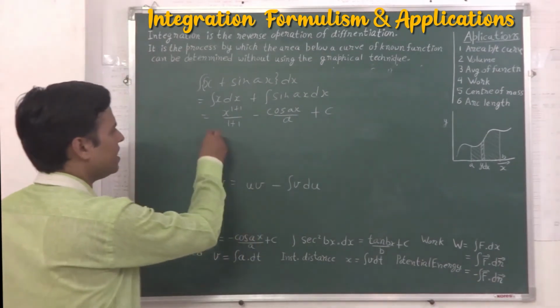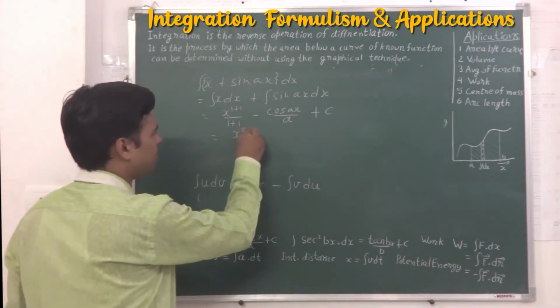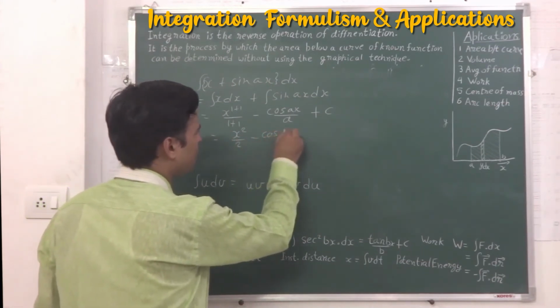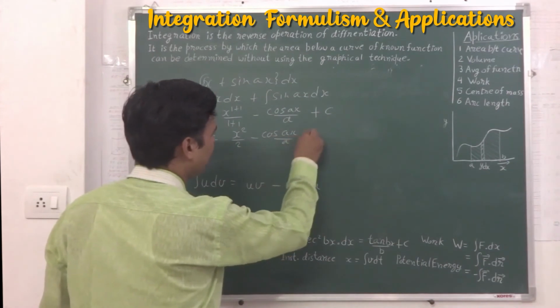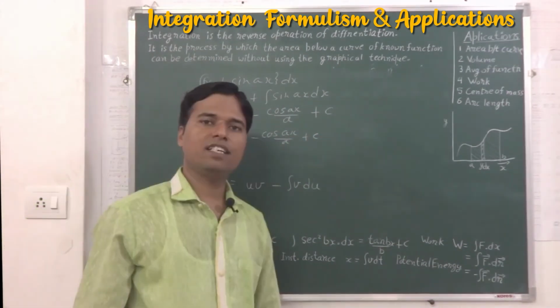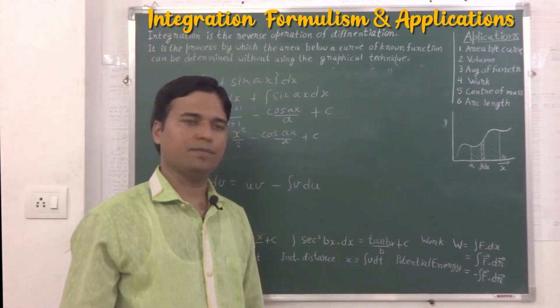Now dear students, we can write it in simple form as x square by 2 minus cos of ax upon a plus c. This is the first kind of integration which we can get in easy terms.